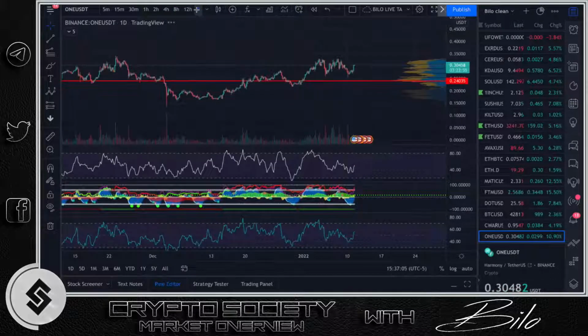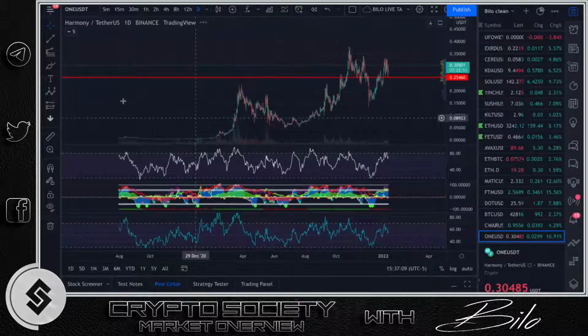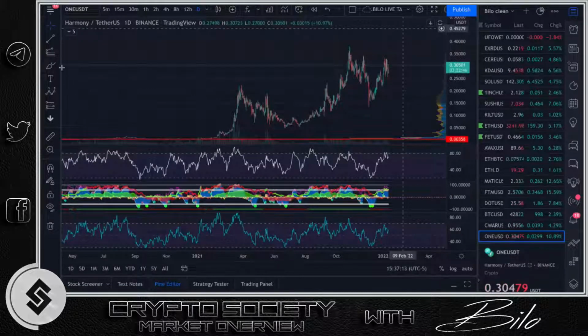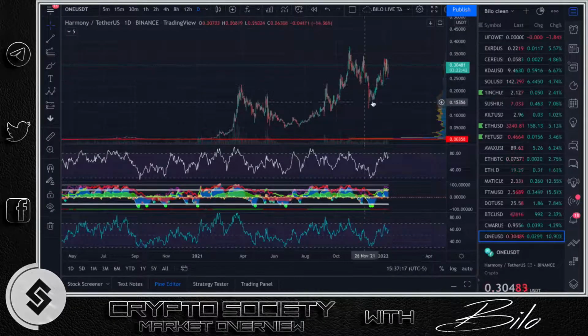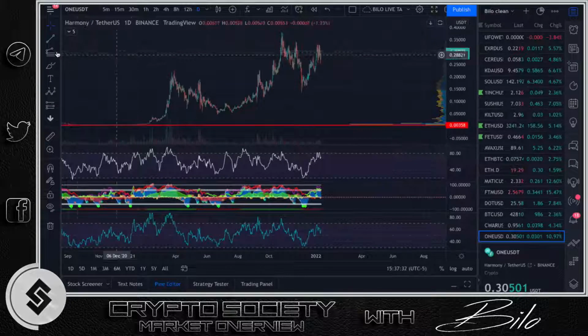From an Elliott wave perspective, we're in wave 5 right now. This would be the end of wave 4, and we're going up for wave 5. This would be the first cycle, and then there would be a correction, and let's just see for confluences.